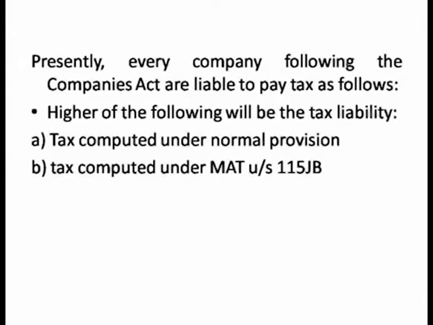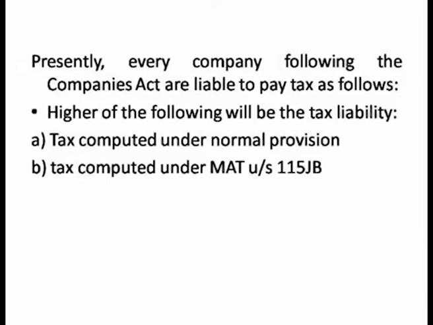Now, you have to compare the two amounts, tax liability under normal provision and tax liability under MAT provision. As per section 115JB, the company is liable to pay tax whichever is higher. That is, if the tax liability under MAT is higher, it will be paid as tax liability for that year.